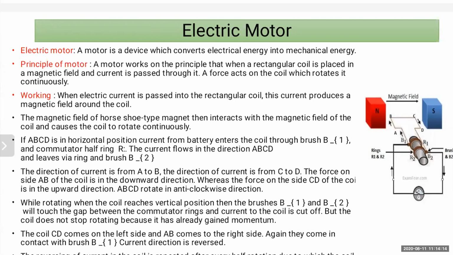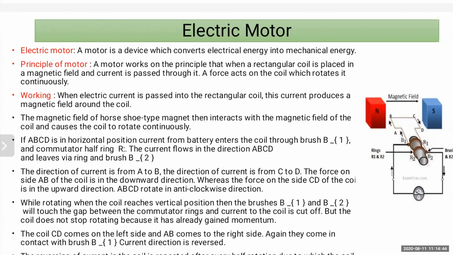Look at the figure: there is a rectangular coil between the two magnets.